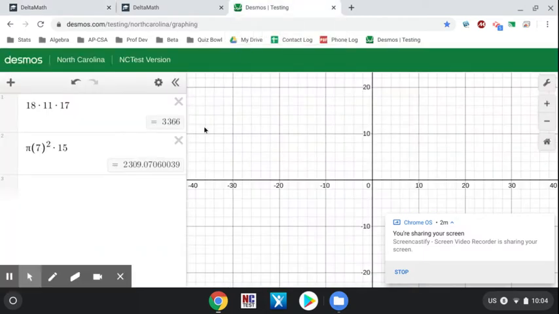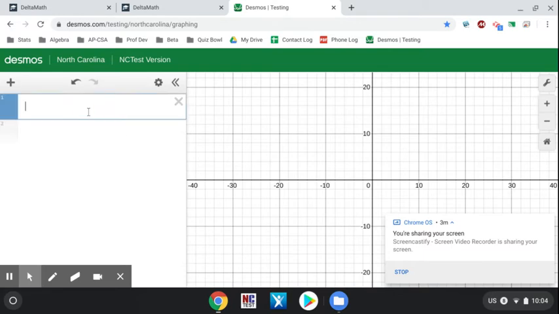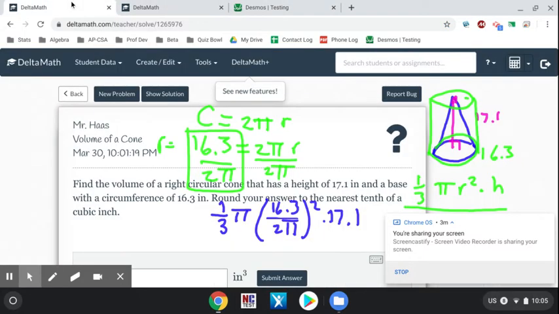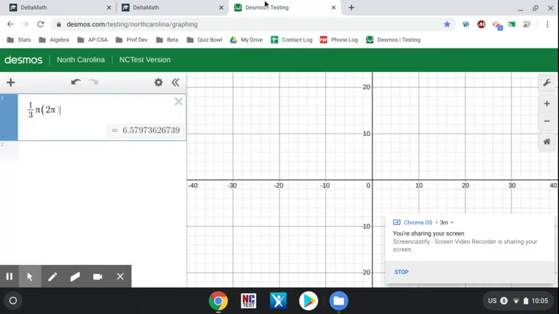So let's go ahead and try typing this in. I'm going to start with my 1/3 since it's a cone and comes to a point. The base is pi r squared. Remember, my radius was 2 pi. Actually, my radius was 16.3 divided by 2 pi. That's going to be a little interesting to get in now.